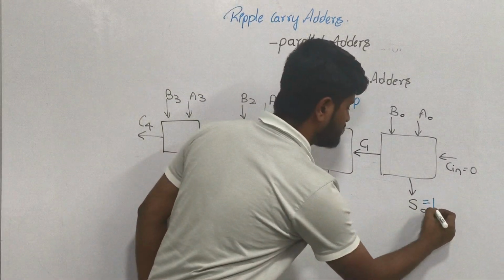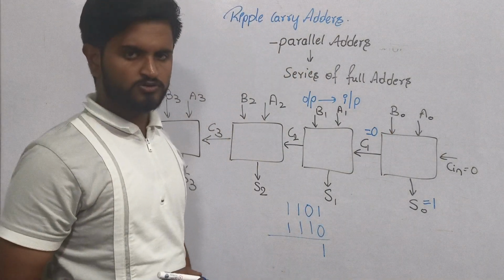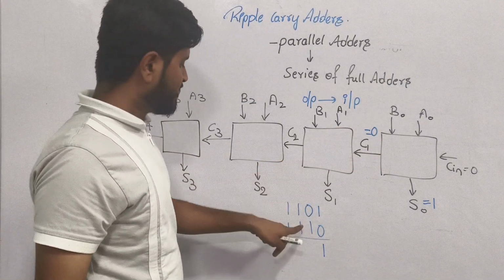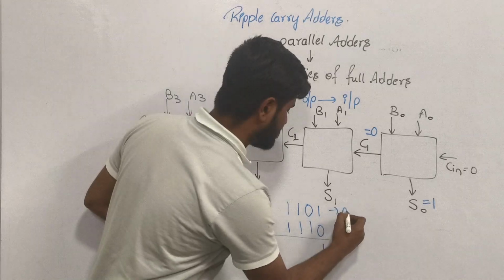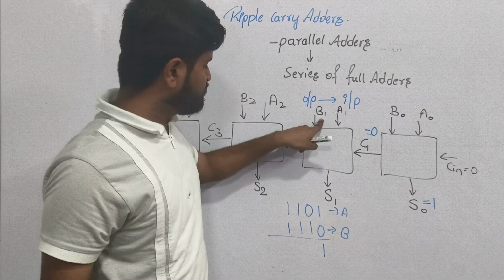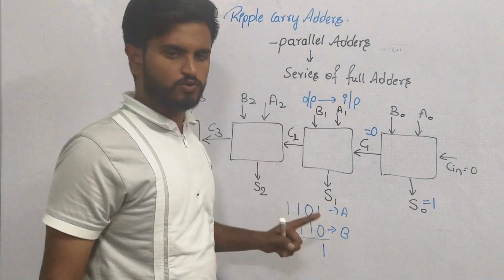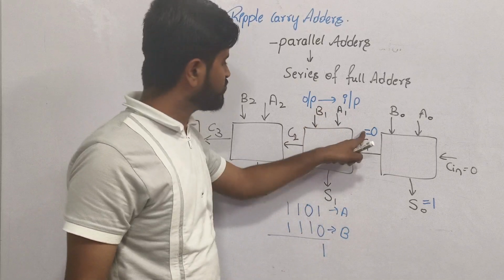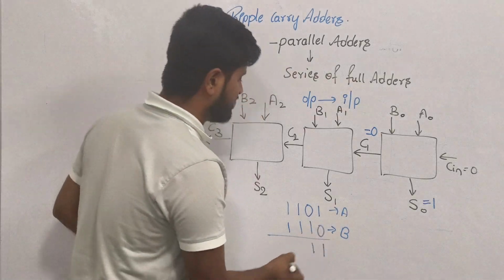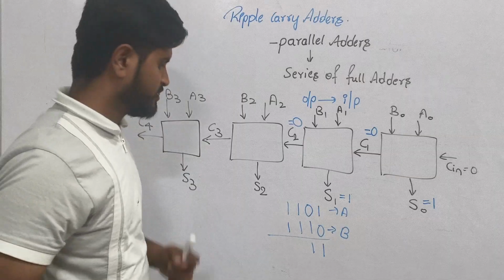So the sum value will be equal to 1 and you did not take any carry, so the carry value will be equal to 0. This carry value 0 will be acting as the input. This is of A values, this is of B values. Now the A1 value is 0 and the B1 value is 1. So 0 plus 0 plus 1 will be 1. So sum is 1 and carry is 0.